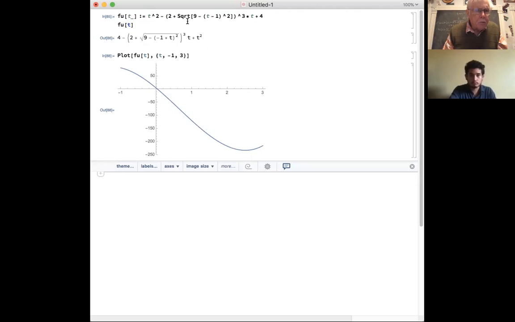The y is 2 plus the square root here, cubed, times t plus 4. So this is the same process that we did before, only the thing that I plugged in for x's and y's were different. Is this okay? We are good with this?